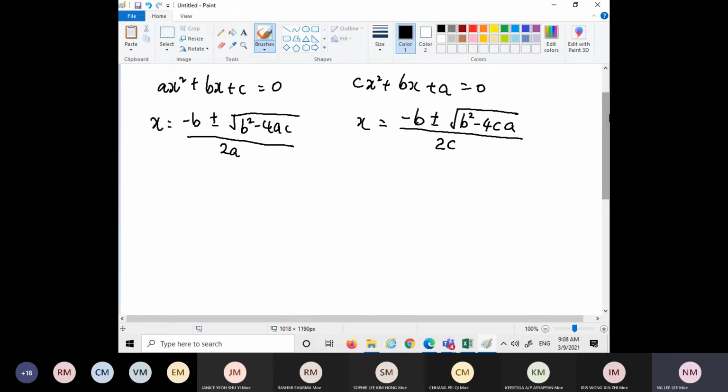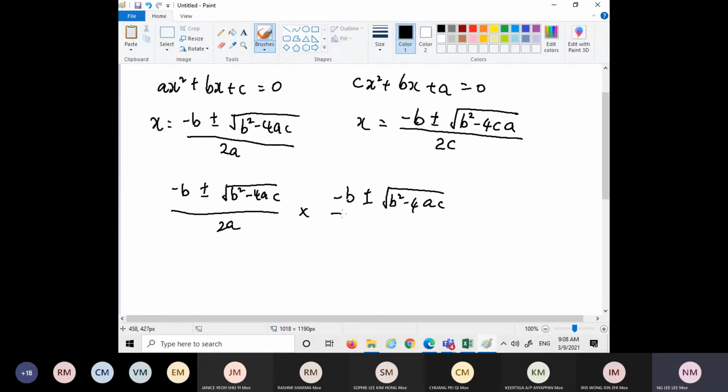So next, what I'm going to do is times. The 4AC, 4CA is actually the same thing, so I write it back as 4AC, then here 2C.